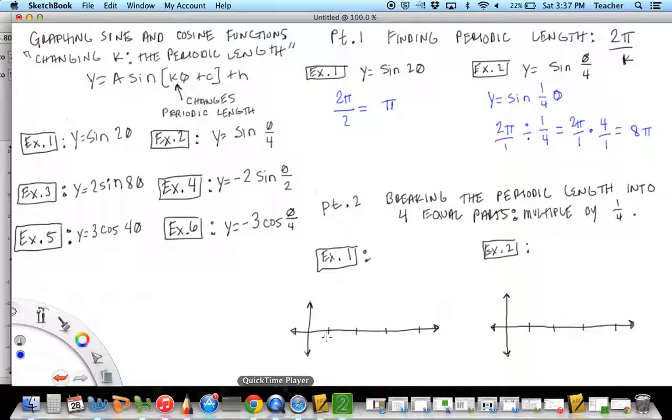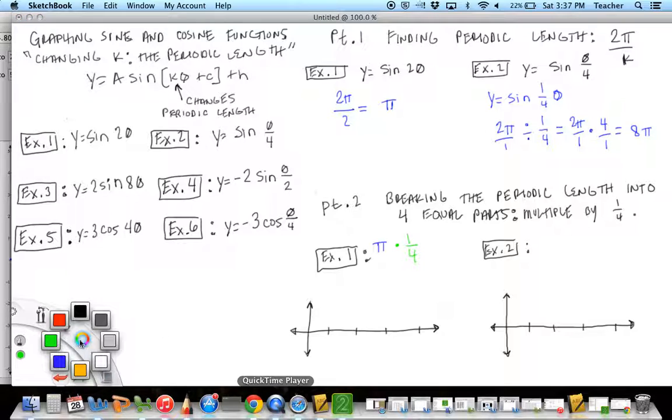If we wanted to find all the parts, we can, but that would be time-consuming. So what we're going to do is take pi, and I've made this very easy for you, breaking up the periodic length into 4 equal parts. We multiply by 1/4. So we know that the periodic length is pi, so this is pi, and I'm going to make this a different color, and multiply by 1/4.